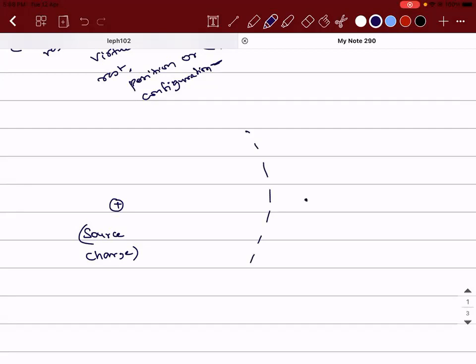Any point outside this electric field is called infinity. Accepted? Right. Now see, the source charge capital Q and the test charge Q naught, are they going to interact with each other? This is better. Okay. So are these two charges going to interact with each other?